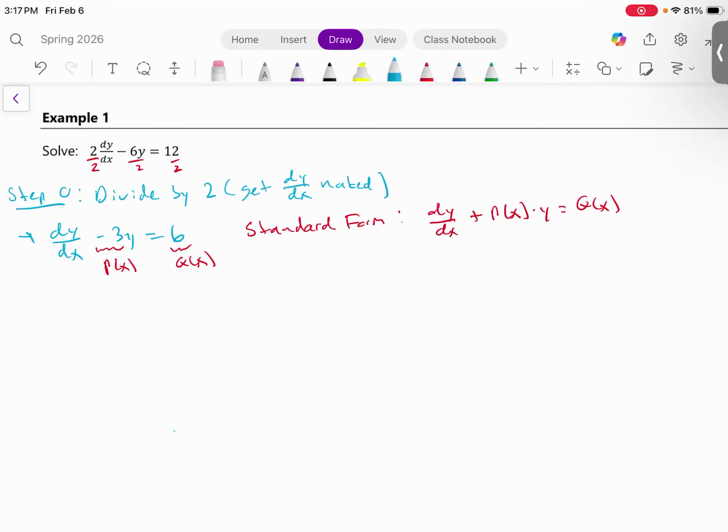The first part of that process is the integrating factor. So step 1, calculate the integrating factor, which is also known as mu.